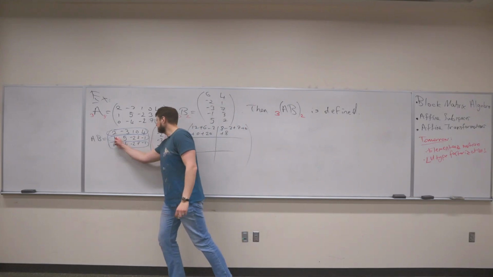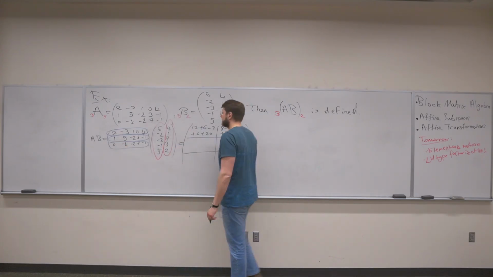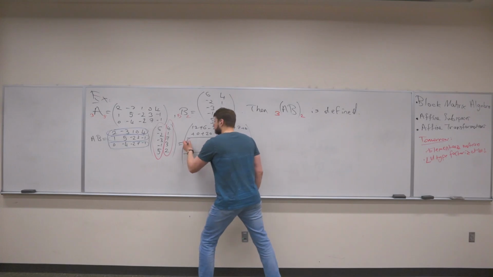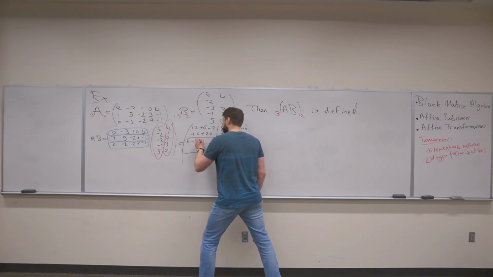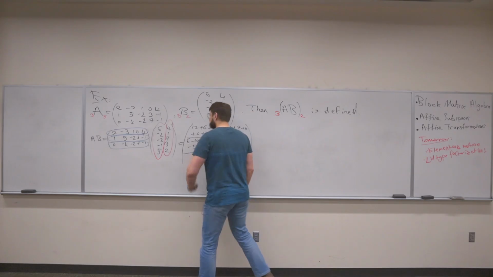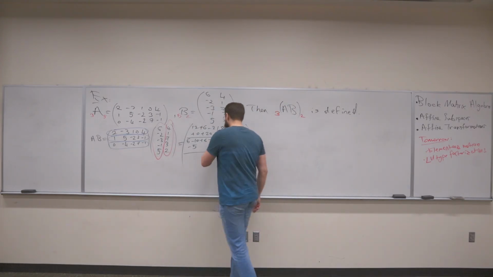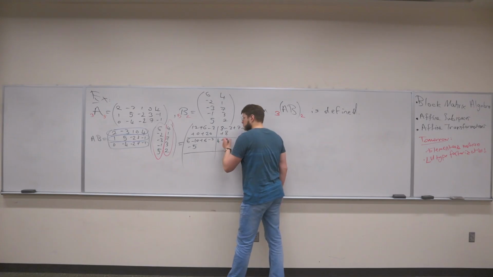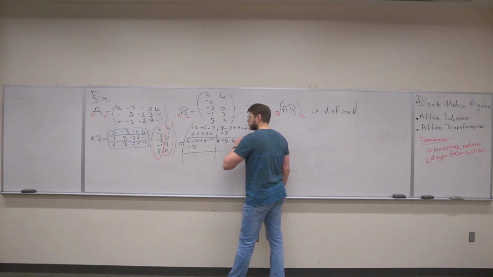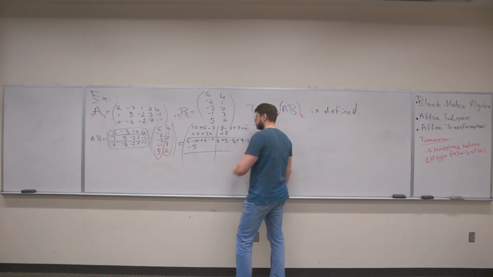This, now I need to take the second row and hit it against the first column. So 6 minus 10 plus 6 minus 3 minus 5. This against this is 4 plus 5 minus 14 plus 9 minus 2.